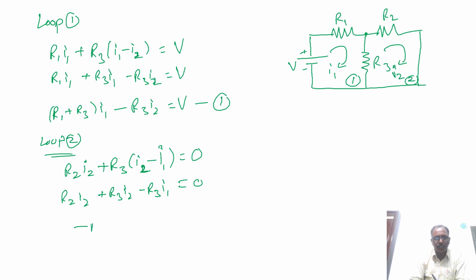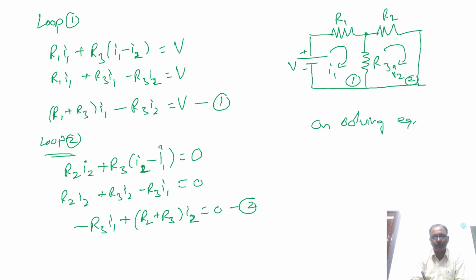Rearranging the terms, we get minus R3 I1 plus R2 plus R3 into I2 equal to 0. On solving equations 1 and 2, we will get I1 and I2.